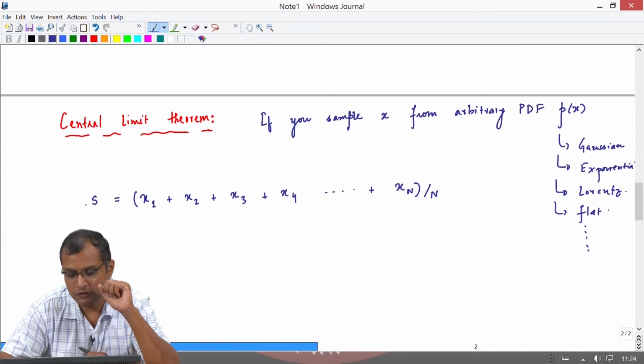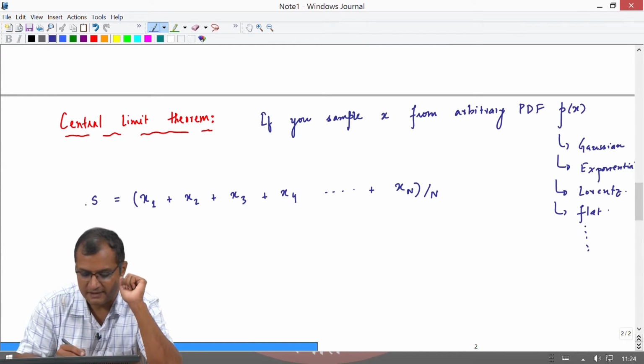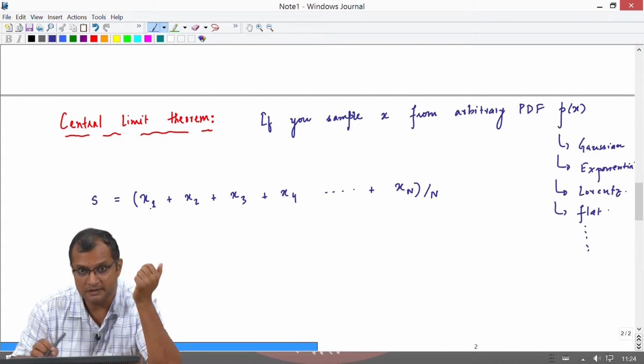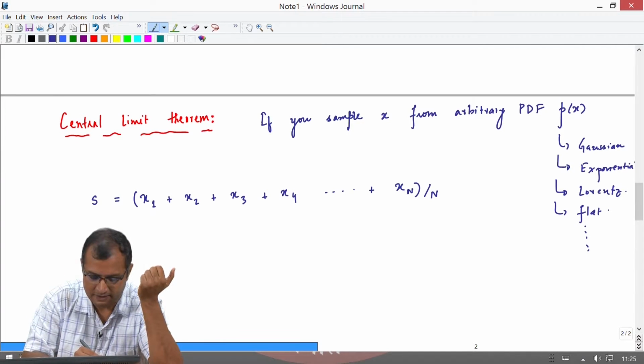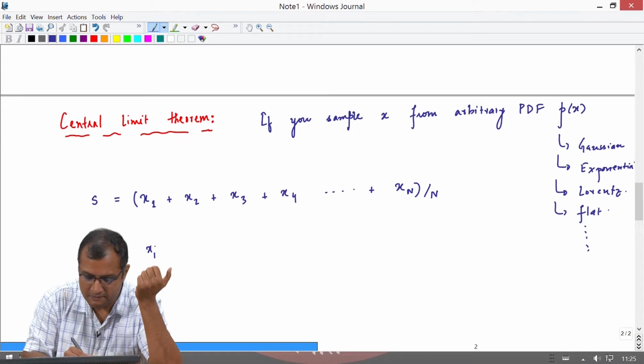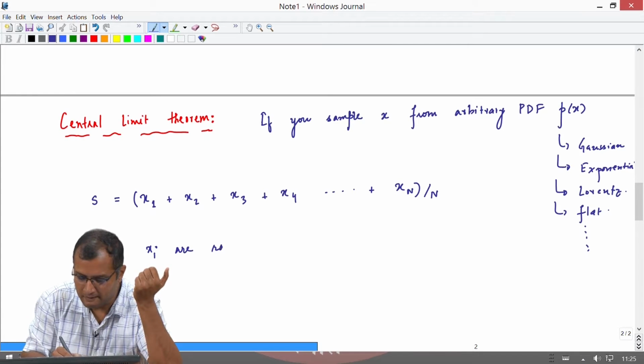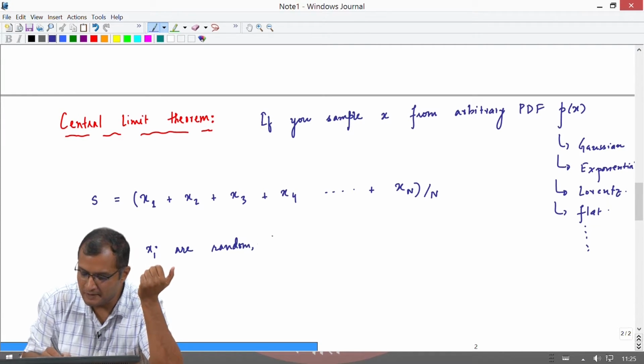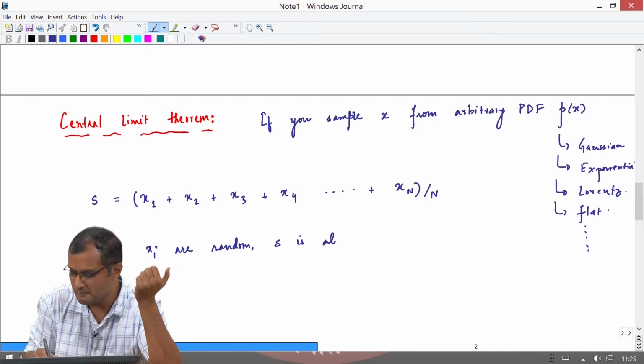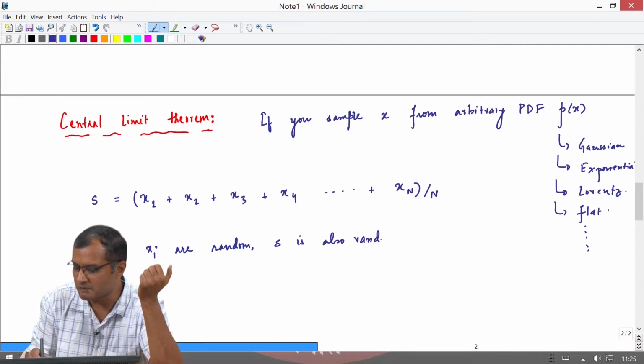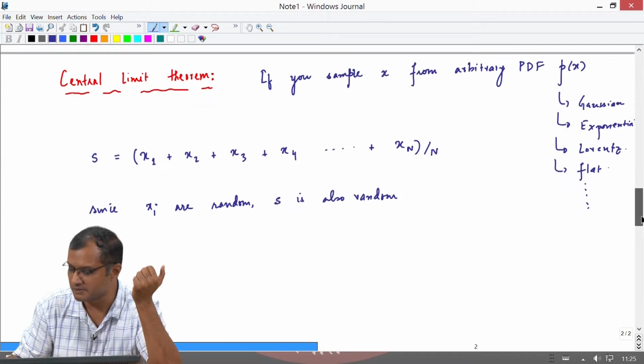So, since all of x1 to xn were random in nature, s is also random. The sum of random variables is also a random variable.